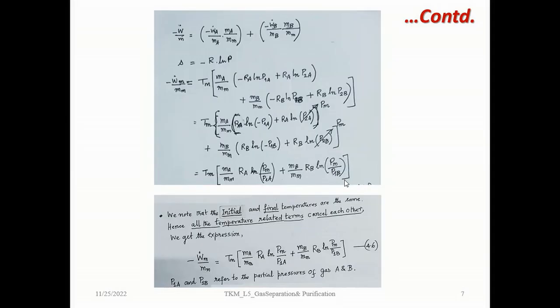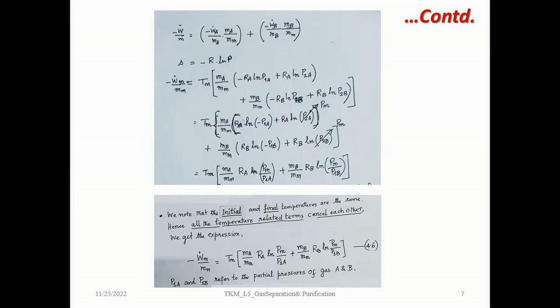This is the expression for the work requirement for separation of the mixture of gases A and B. P1A and P1B are the initial partial pressures of gases A and B. After compression, they become the total pressure, PM.